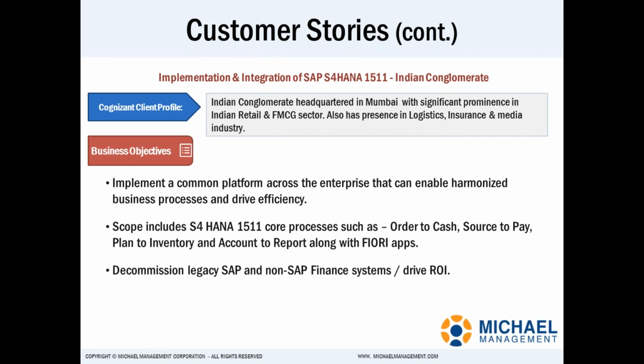They wanted a common platform across the enterprise that could enable harmonized business processes and drive efficiency across all of these business processes. And they had some serious issues around the order to cash process, the procurement process, and the reporting process, including the ability for people to look at these and make meaning out of all the things that they were trying to do.